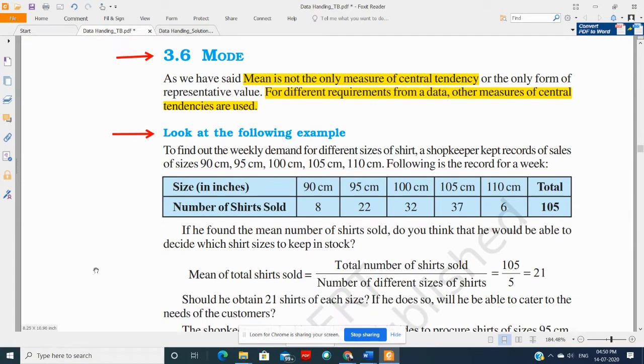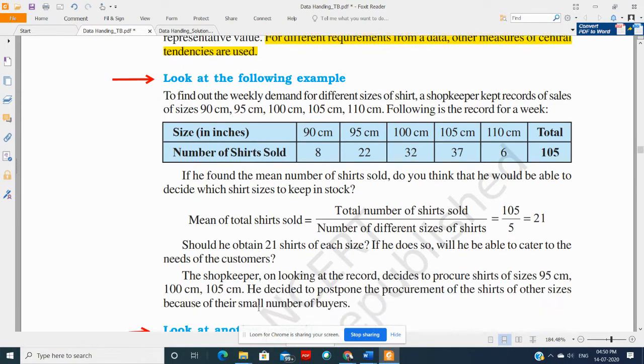Now let's say we find the mean for this total number of shirts. We have found the mean and the answer here is 21. So does it mean that he should obtain 21 shirts of each size, right? 21 shirts for 90 centimeter, also 21 shirts for 95 centimeter, 21 shirts for 100 centimeter, and so on.